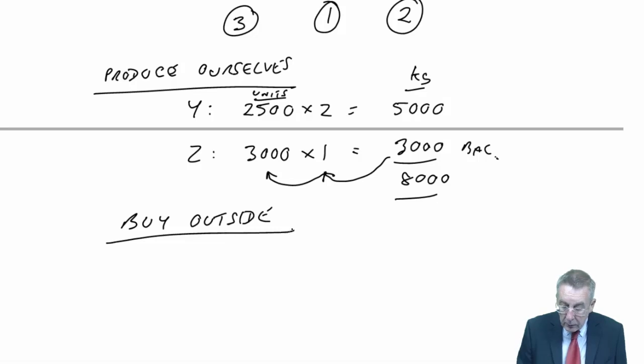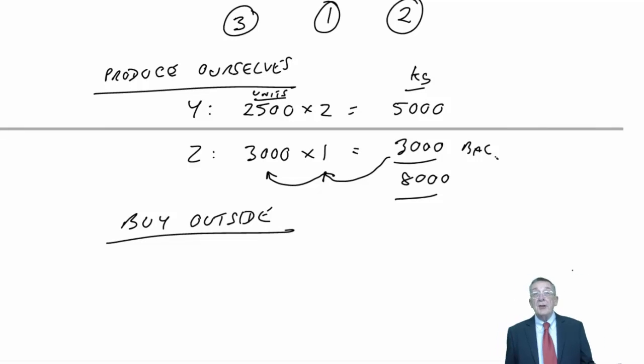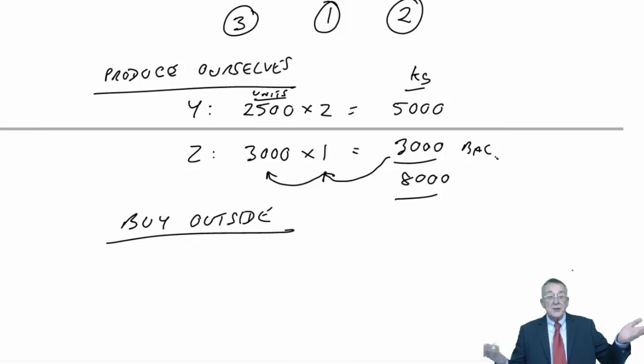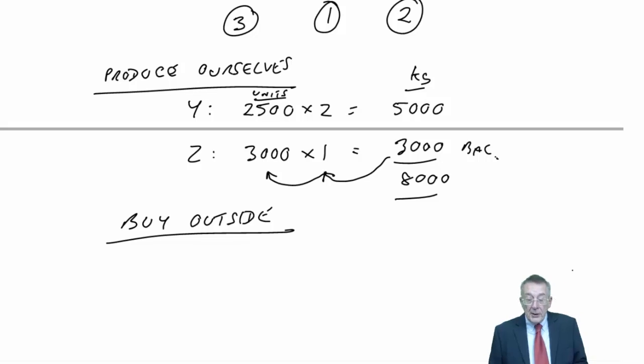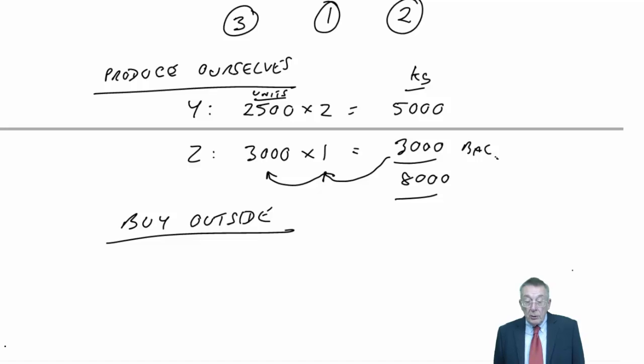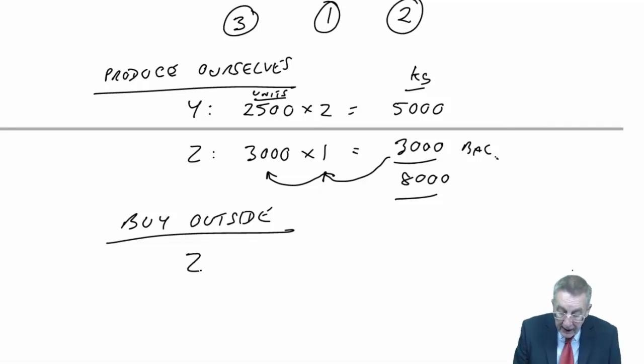And so how many will we buy outside? Remember, I was assuming everything could be sold for more than the cost. I said assume $20 a unit, and so it's still worth paying more and buying outside. We won't buy any Ys because we've already met demand. We will buy more Zs.